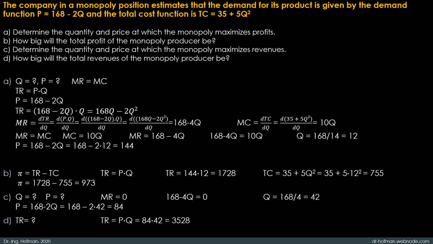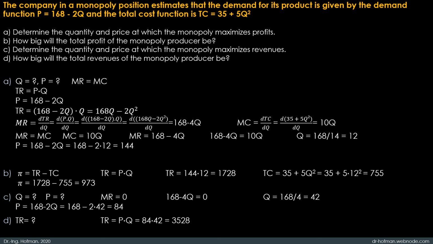Then 168 minus 4Q should be 10Q. From here, Q is 168 over 14, which is 12. And if I know Q, 12, I can also calculate price, because I have the demand function 168 minus 2Q. For Q 12, it's 168 minus 2 times 12, which is 144.